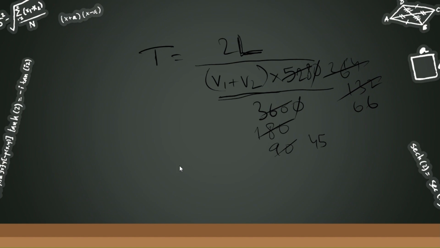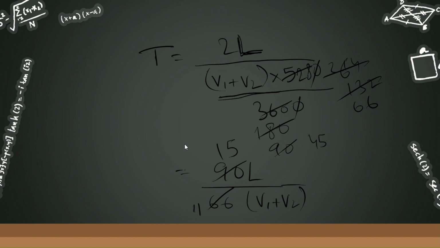Yeah, so now this goes upwards. So 90L by 66, 66 v1 plus v2. What does this give? If we divide this by 6, it should give 30. That's 15, 11. Yeah, so what do we get?